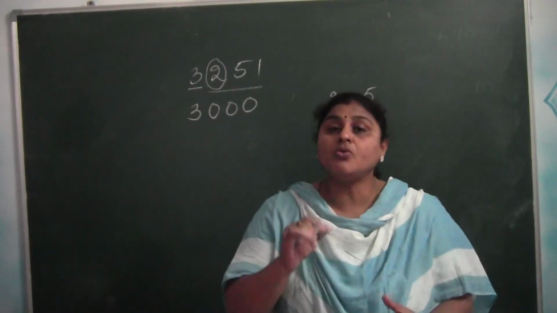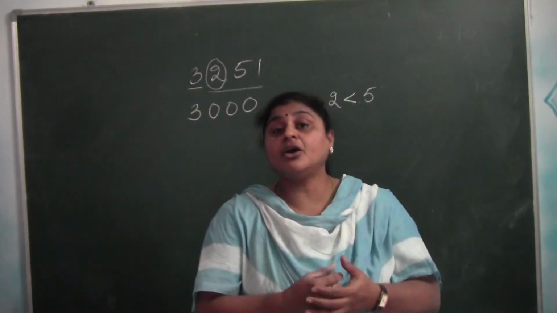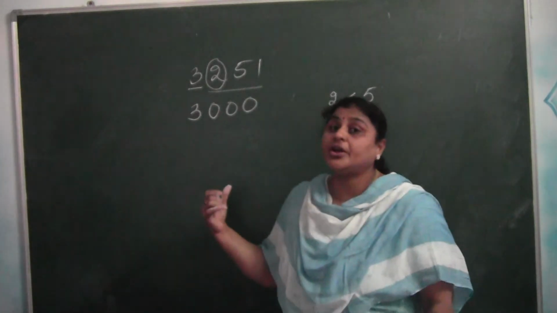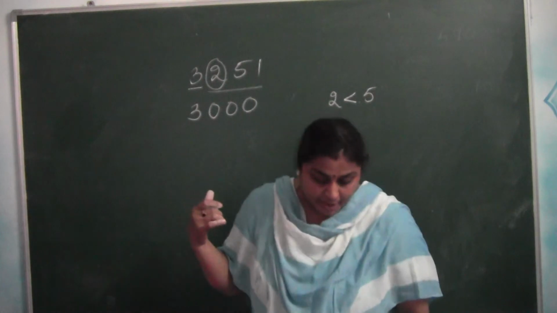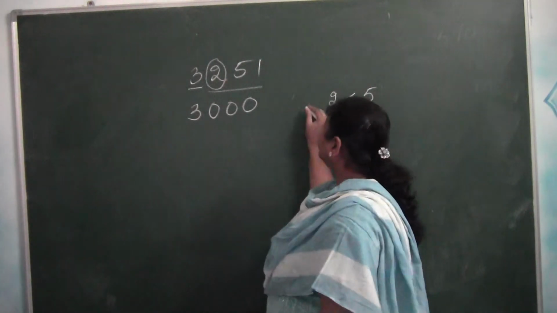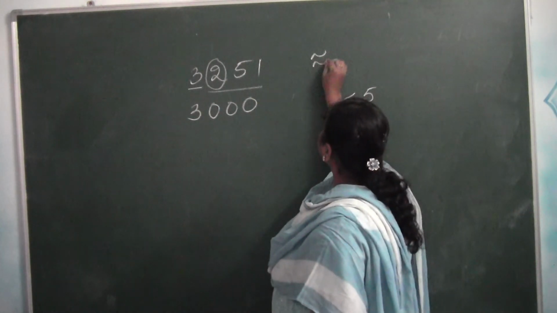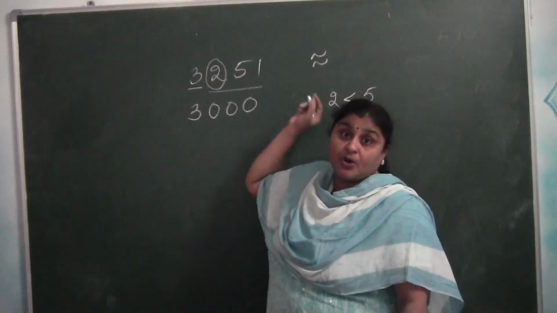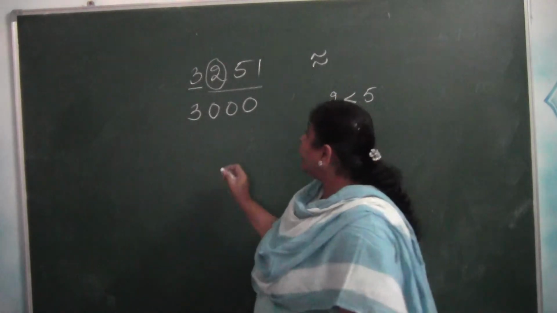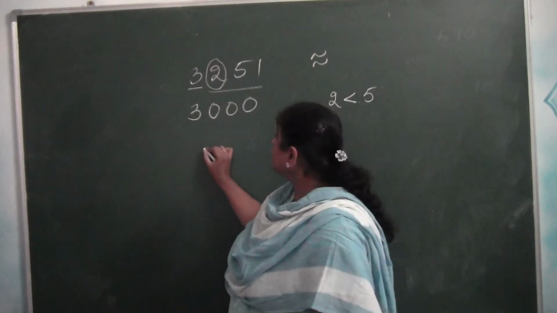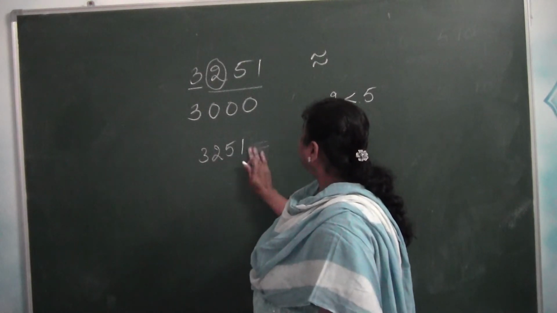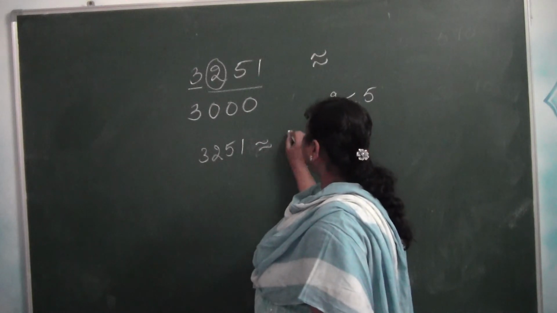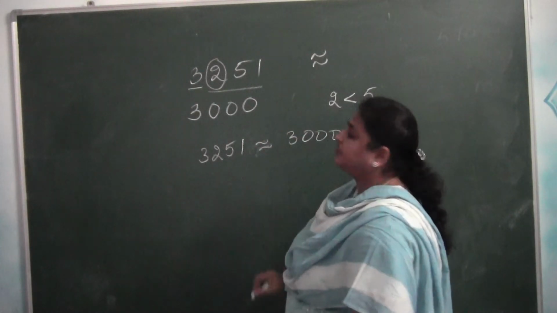3251. This is how you are going to round off, or this is the procedure you use for rounding of numbers. Now, what is the sign we use for the approximate value? This is the sign we use for the approximate value. It means 3251, approximate value is 3000.